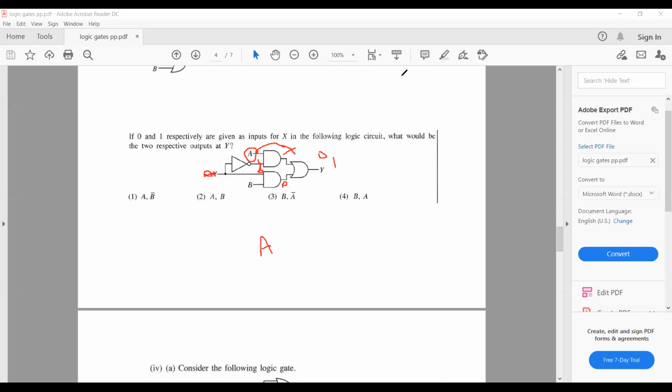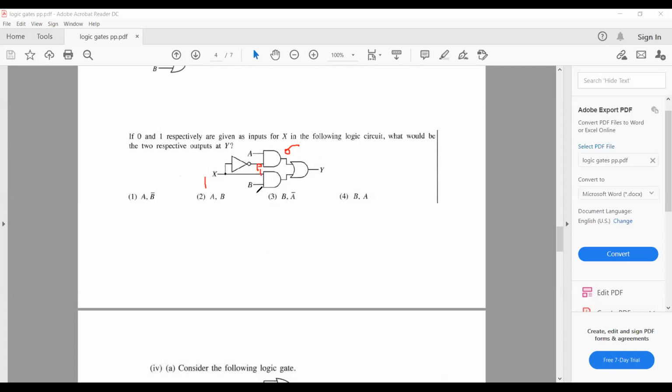Then if you give 1, we'll see. I'm giving 1 here. So 1 is coming here. But here, because of the NOT gate, you are getting 0. So 0 means definitely whatever is in the A doesn't matter, your output will be 0 from this gate.